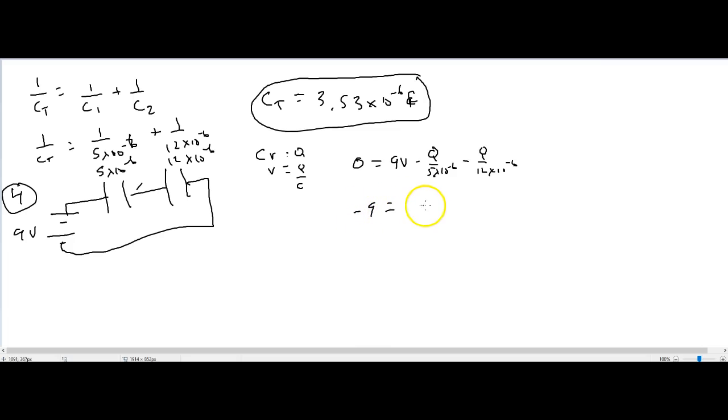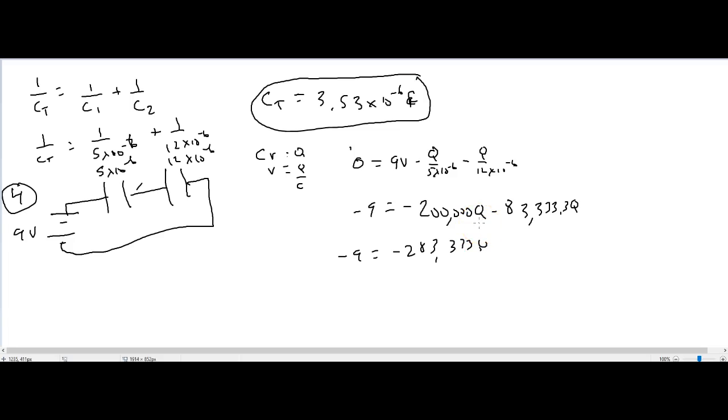So I can solve this pretty straightforwardly by saying negative 9 equals negative, and now I have to run it through my calculator. 1 divided by 5 exponent negative 6 gives me 200,000 Q, minus, and then we do the same thing, 1 divided by 12 exponent negative 6, which gives me 83,333.3 repeating Q. I'd add those up, and I get negative 9 equals negative 283,333 Qs.